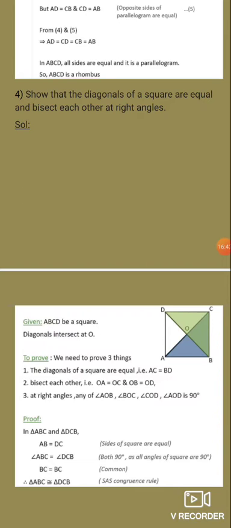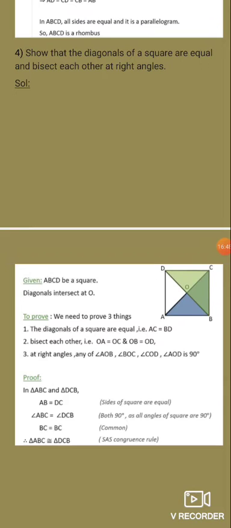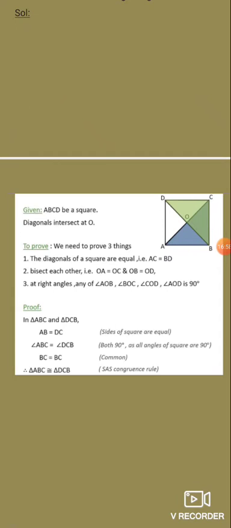Diagonals intersect at O. To prove three things: the diagonals of the square are equal, that is AC equal to BD. Now bisect each other, that is OA is equal to OC and OB equal to OD. Third one, at right angles: any of the angles AOB, BOC, COD, AOD is 90 degrees.